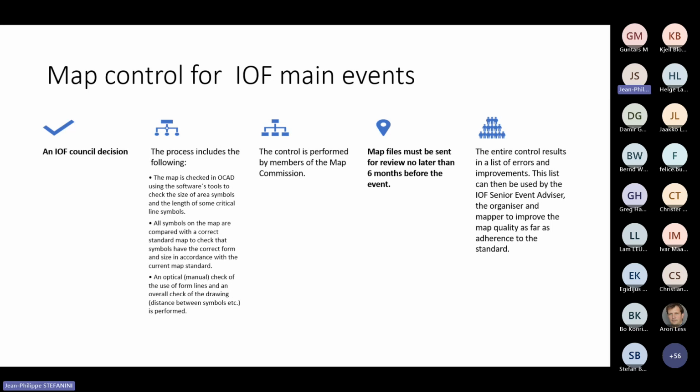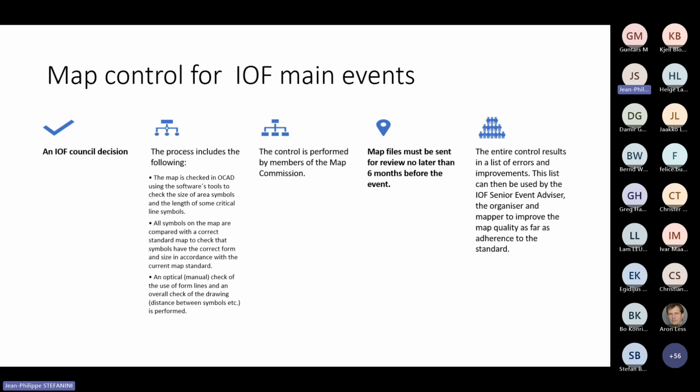So it's clear. We are just trying to look if the drawing of the map is in line with the specification, which means that within the specification, there is not only a symbol description, there is a lot of information related to the minimum size of objects on the map.